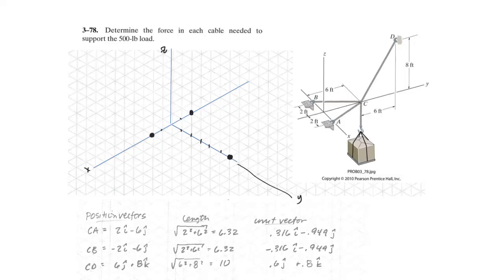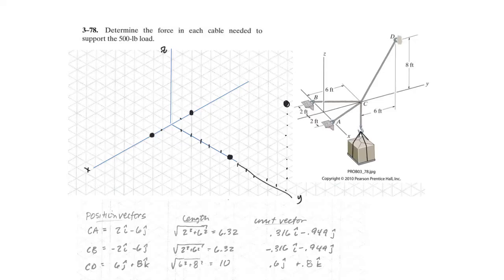And then point D. Point D is another 6 and then another 8 from point C. So another 6 in the j direction and then up 8 in the k direction from there. So let's go ahead and count that out. 1, 2, 3. I kind of drew that axis a little bit funky, but 4, 5, 6. 1, 2, 3, 4, 5, 6, 7, 8. So there is going to be point D.